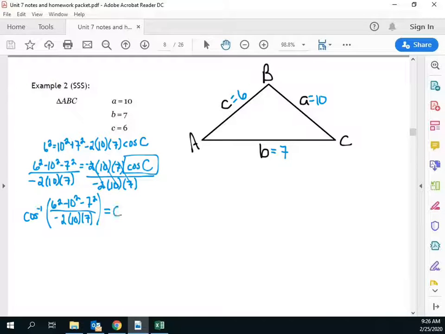We will save all calculator stuff to the very end. Move everything over. The reason I say this is because you'll start dealing with some very large numbers, which is an easy way of making typos and confusing the calculator and yourself. So I avoid the whole thing, move everything over, and type it into the calculator very last.